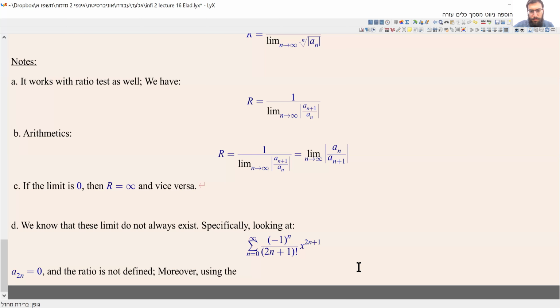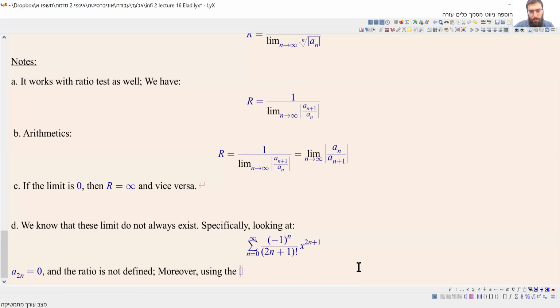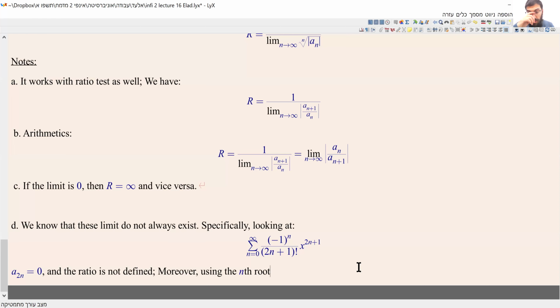Using the nth root is not so obvious as well, or there are two different subsequences here.